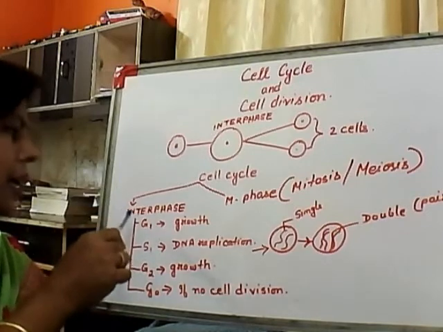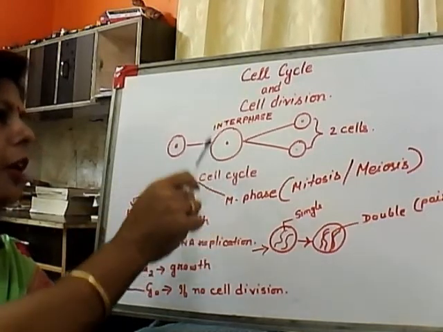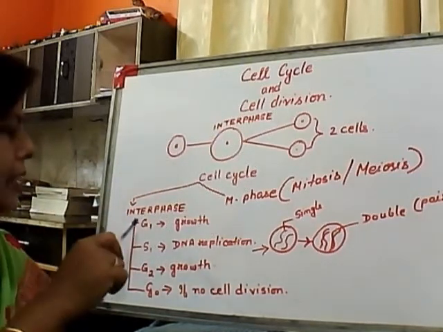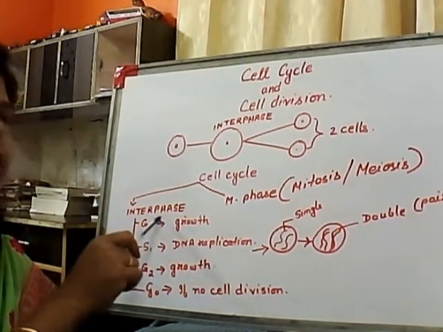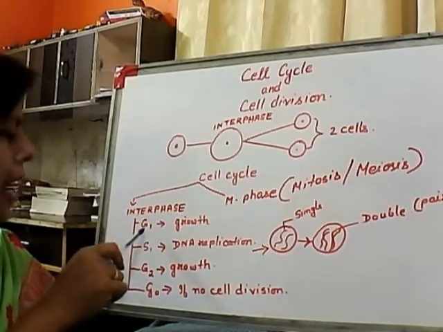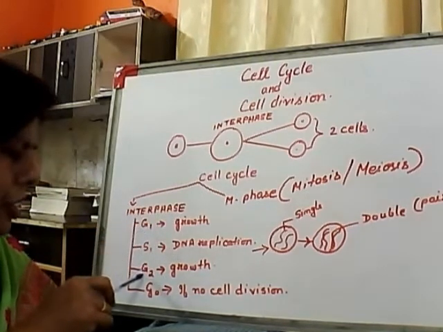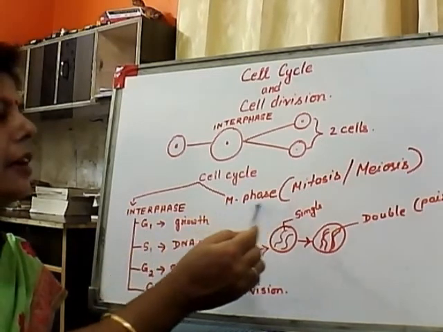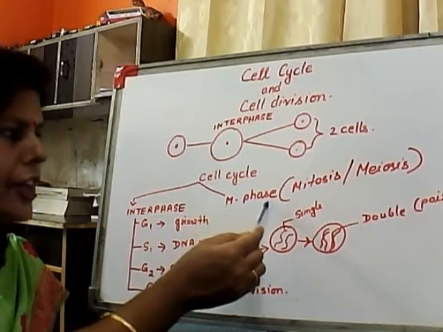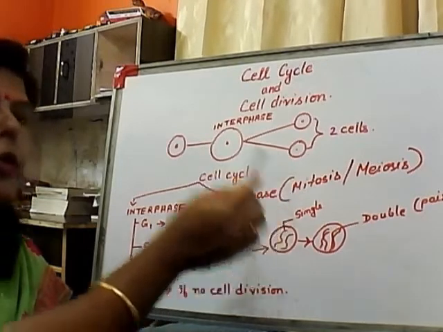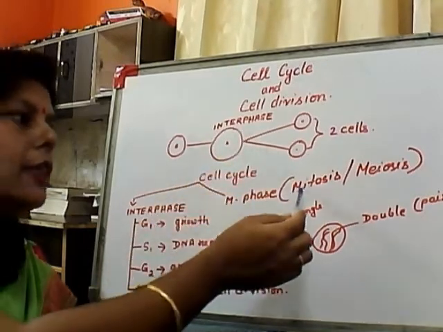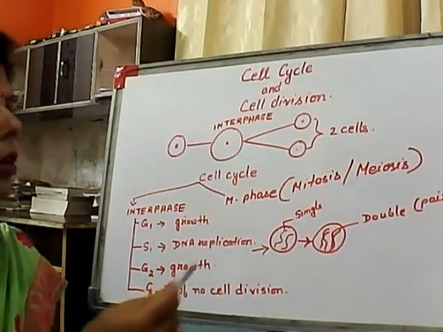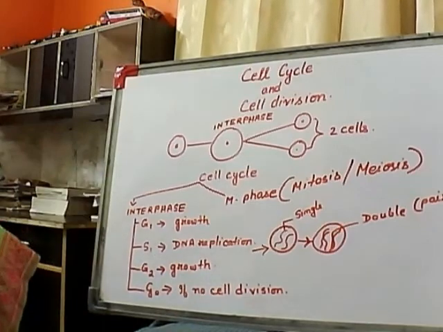Similarly, for cell division, first the preparation is necessary, and that preparation takes place in the interphase, which has three stages. After completing these stages, they will enter the M phase. And this M phase means the cell division phase, which, based on the type of cell, may be mitosis or meiosis.